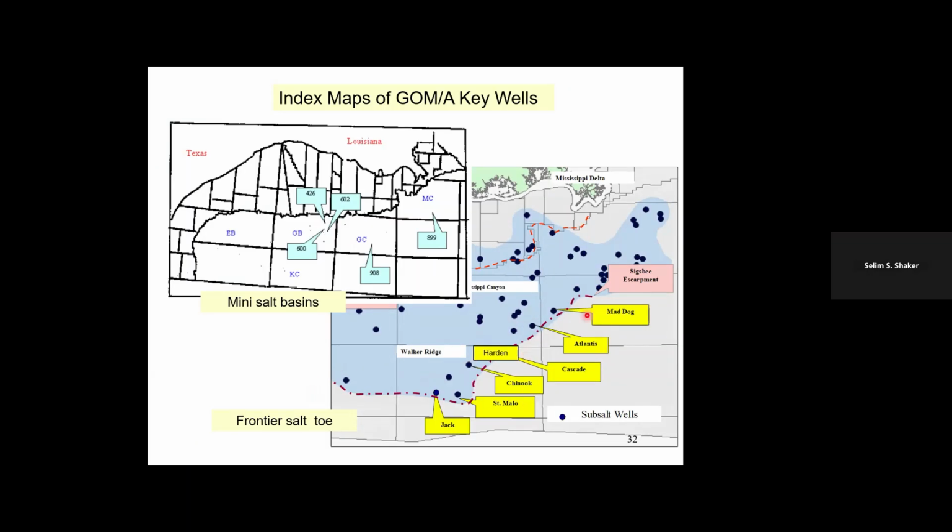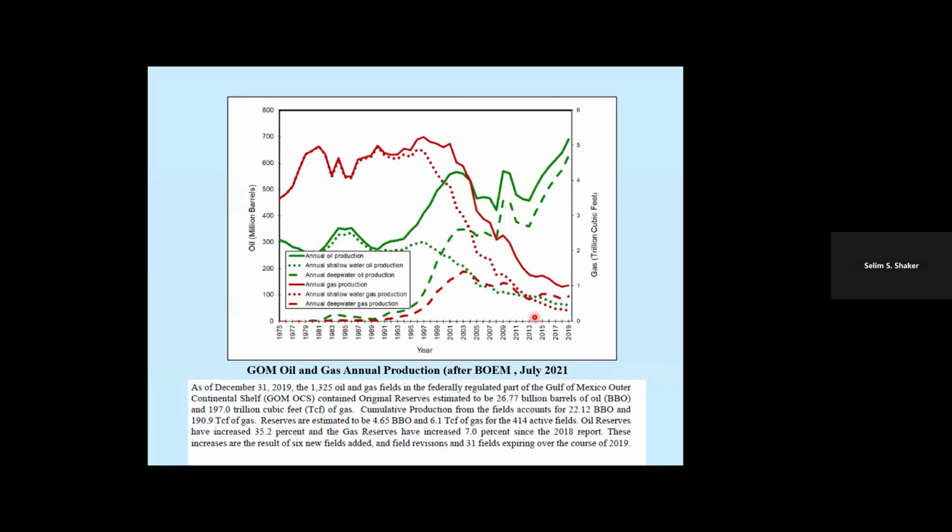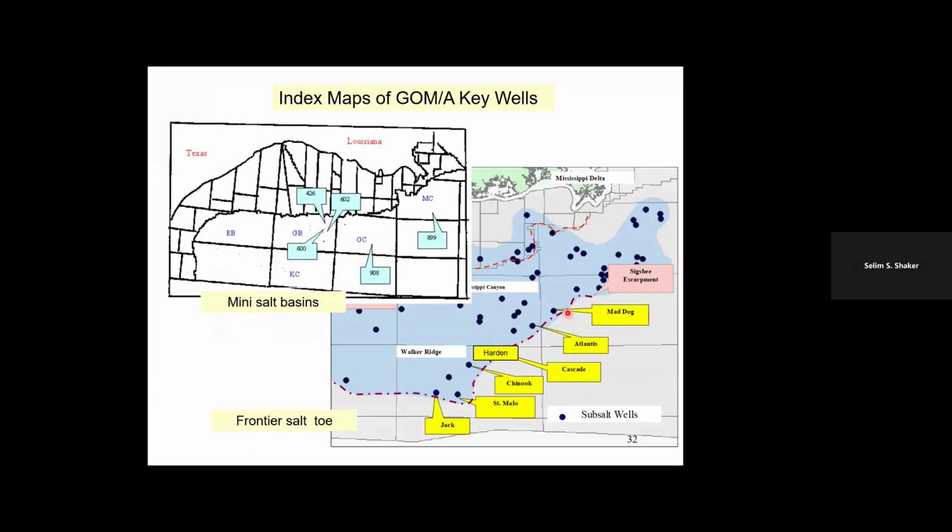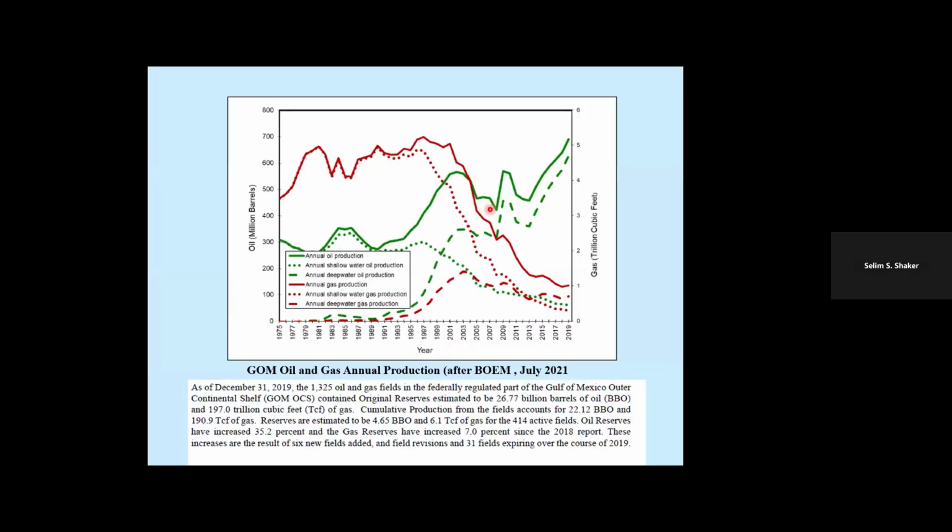And I dealt with all the problems in this area. What happened in that trend has increased the oil production in the Gulf of Mexico by 2 million barrels a day, right here.